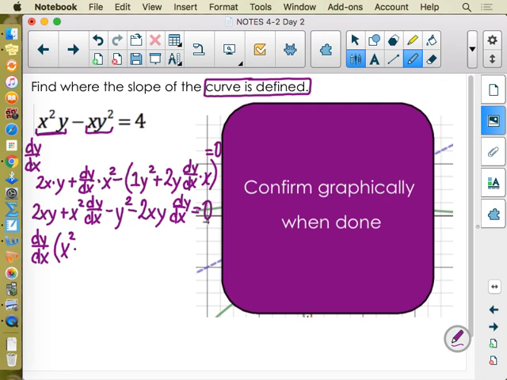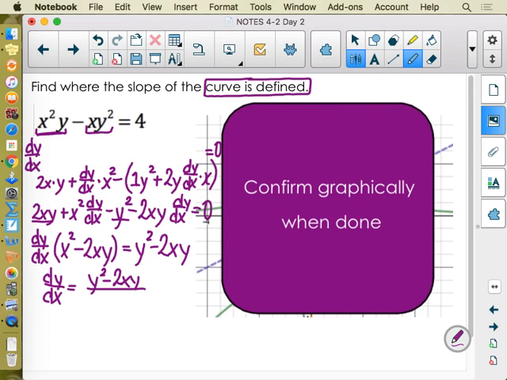So I've got x squared minus 2xy. I want to add the y squared to the other side and subtract the 2xy term. So then I want to get my derivative. It's going to be what I already have on the other side, all over this, the x squared minus 2xy.